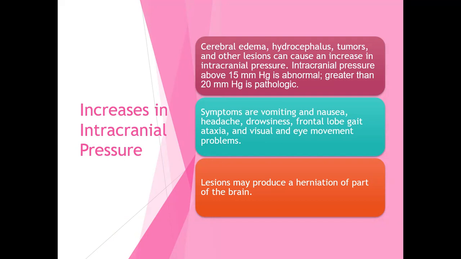So remember with epidural and subdural hematomas: vomiting, nausea, headache, drowsiness, frontal lobe gait ataxia, and visual and eye movement problems because we're putting pressure on the brain. Lesions may produce a herniation of part of the brain. So that can increase intracranial pressure as well.